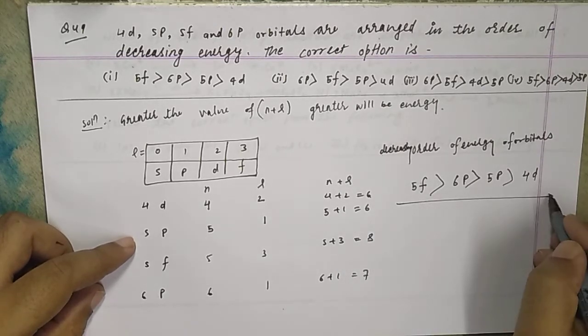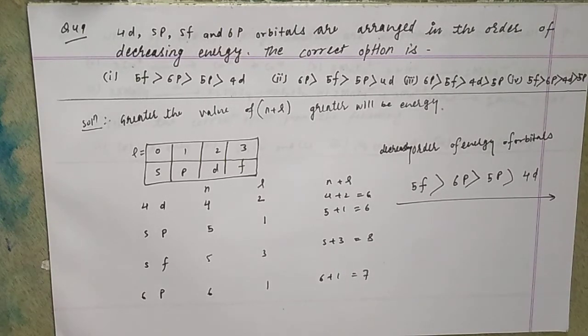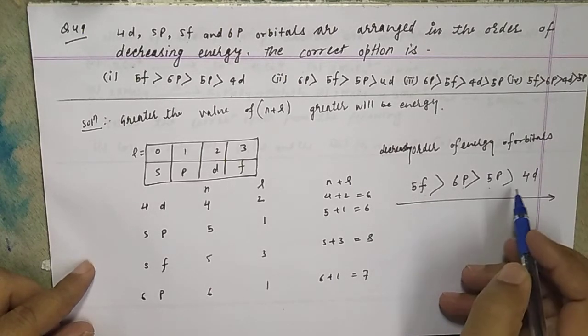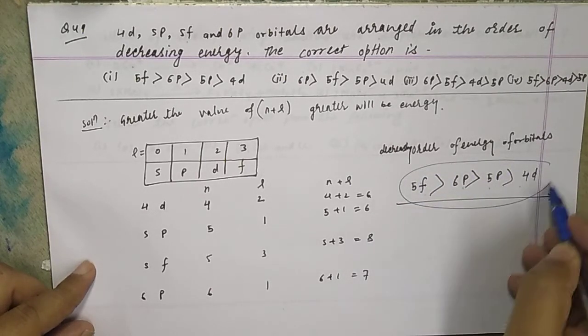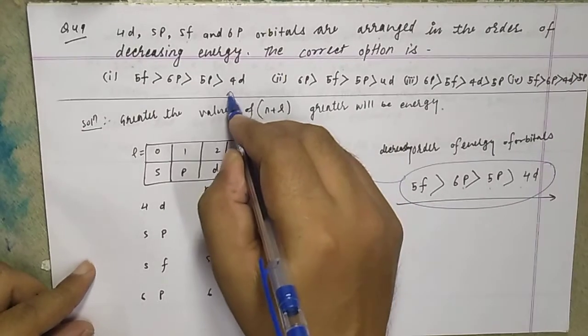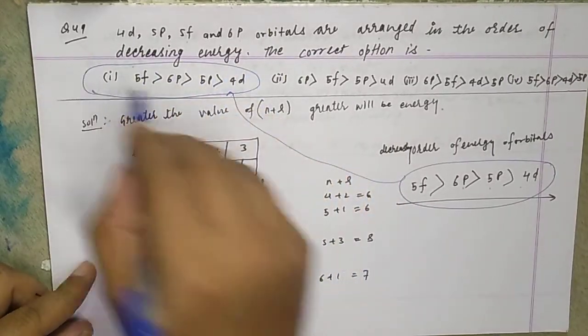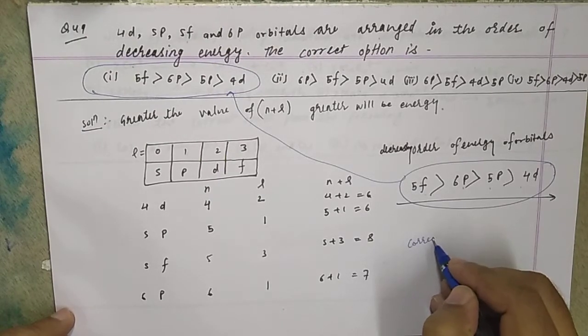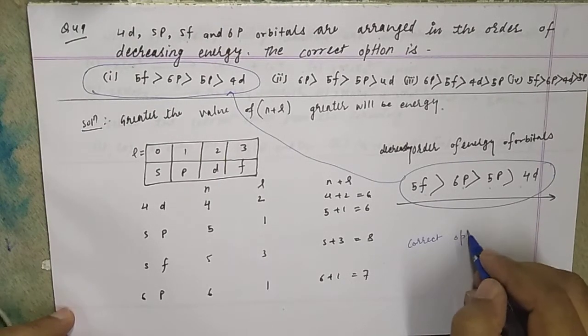This is the decreasing order of the energy. So to match with the options, this is 5f, 6p, 5p, 4d, corresponding to option number 1. So the correct option is 1.